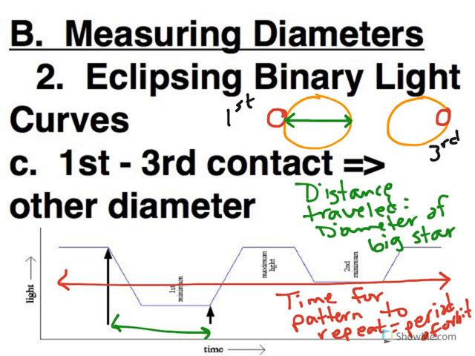So from our velocity curve, we were able to get the period of the orbit and the mass of the two stars. From the light curve, we're able to get the period of orbit and the diameter of the two stars. So binary systems are very important when it comes to trying to measure a star.